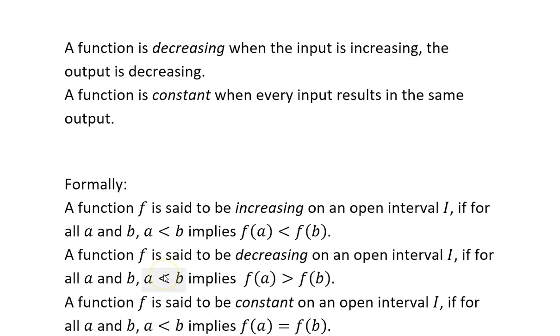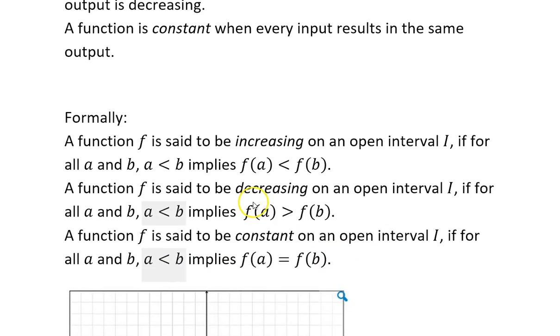A function is said to be decreasing on an open interval I if for all a and b, where a is less than b, it implies that f of a is greater than f of b. So this is saying that as you go bigger, your output value is going to get smaller. A function is said to be constant on an open interval I if for all a and b, a less than b implies that f of a equals f of b.